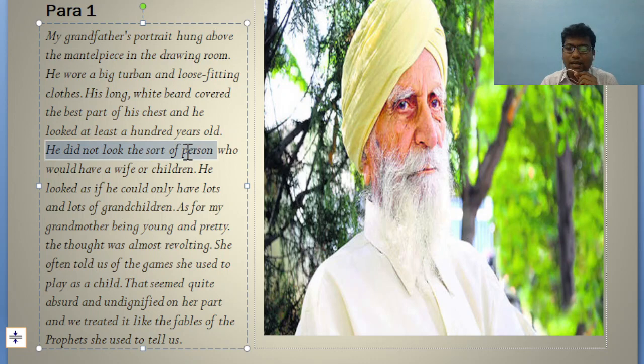"He did not look the sort of person who would have a wife or children." Now, this is a wonder. In my previous video, or the introductory video also, I tried to make it clear for you, dear students, that whenever we see someone as old, maybe a grandmother, maybe a grandfather, it's hard to believe that he or she was once a young, beautiful, gorgeous, handsome person who could have a wife or husband. We think they can only have their grandchildren.